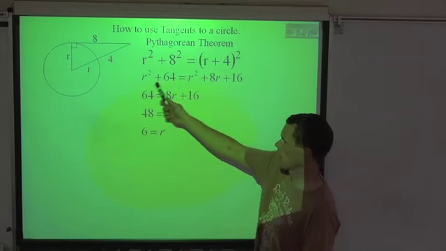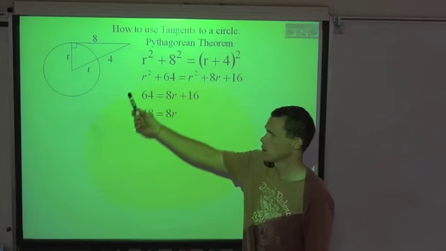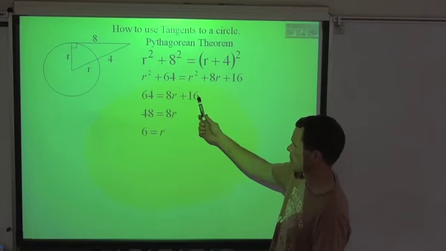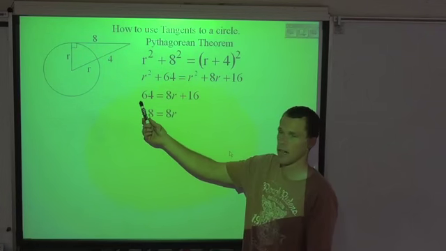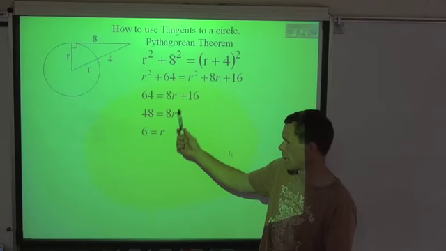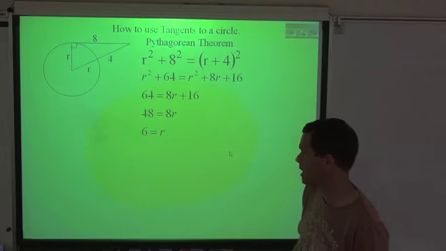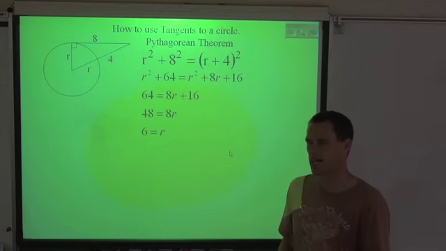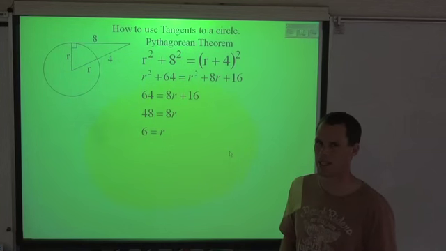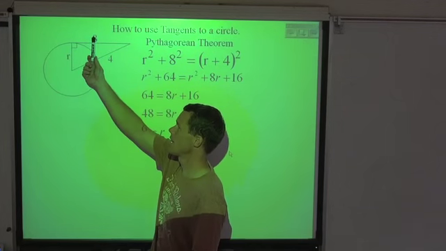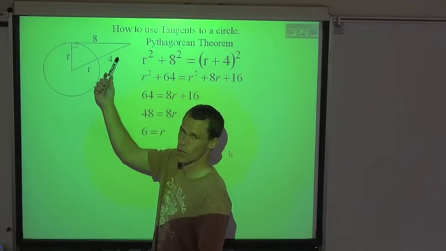At this point, I'm going to subtract R squared from both sides, and it will eliminate from the equation. So 64 equals 8R plus 16. Subtract 16 from both sides, and 48 equals 8R. Divide by 8, and we have found that the radius is equal to 6. Now, if you put that number back in, this problem will probably make a lot of sense. The radius was 6, 8, and then 6 plus 4 is 10. This was just a 6, 8, 10 or 3, 4, 5 right triangle that we see all the time.